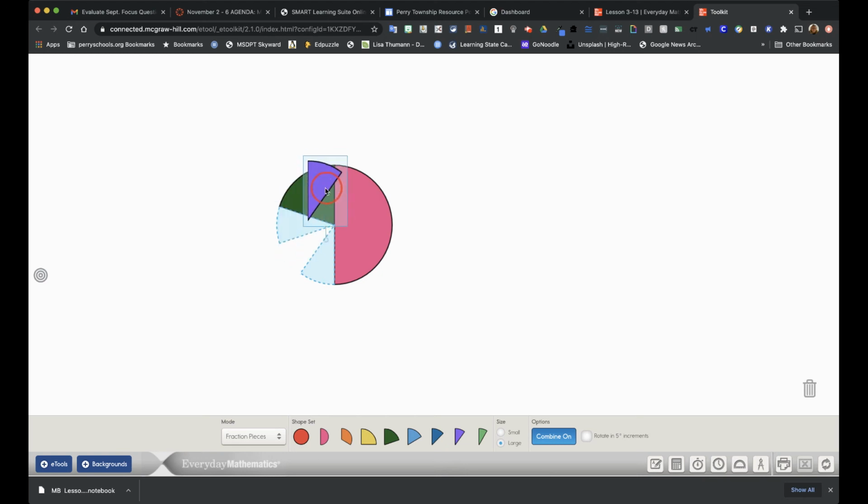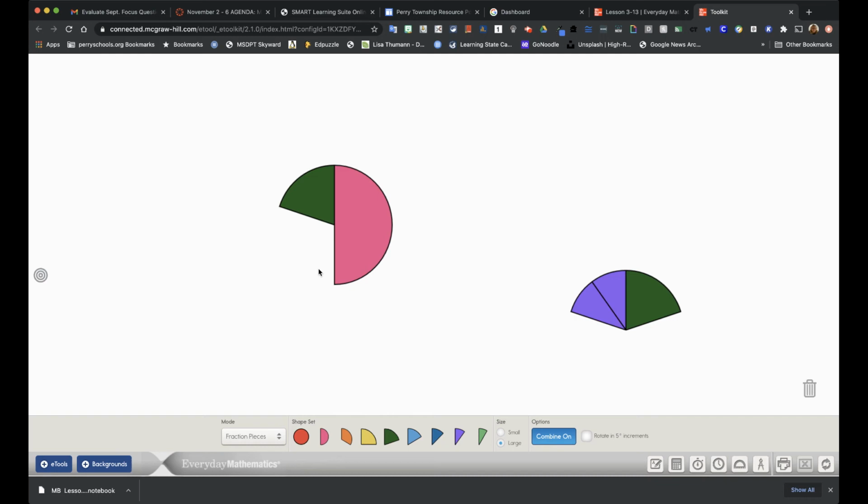I can fit a dark purple. Oops, that's not what I wanted. I can fit 2 dark purples. There we go. I can fit 2 dark purples to represent 1/5.